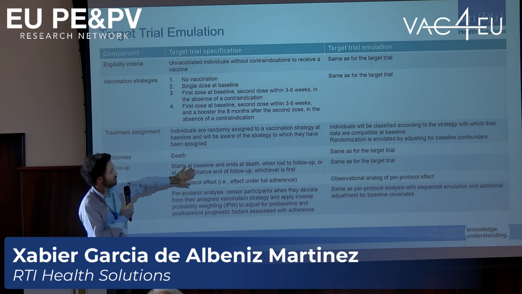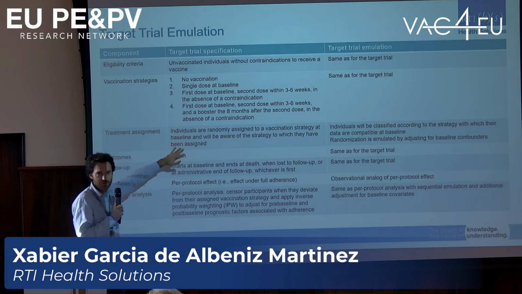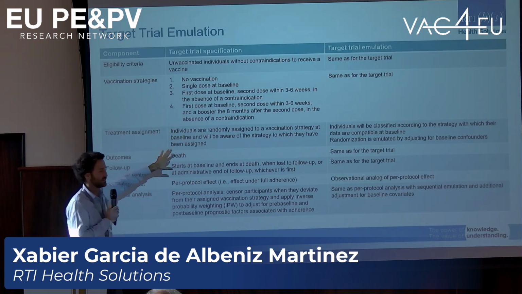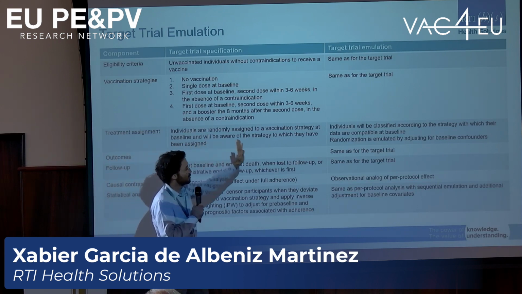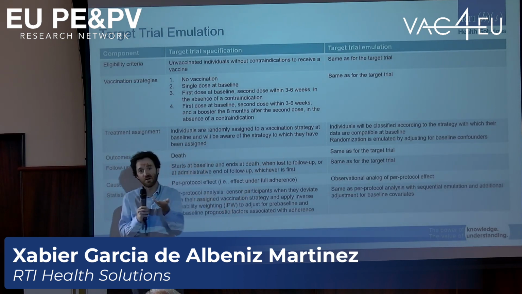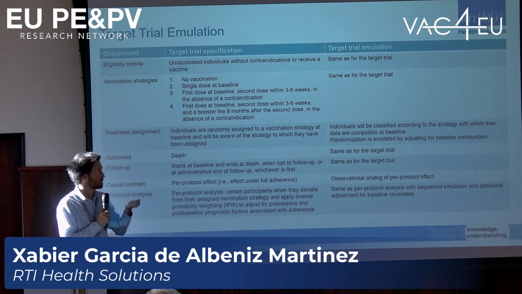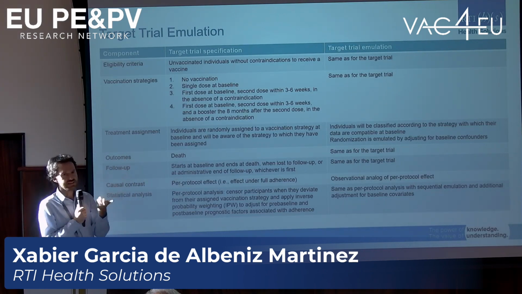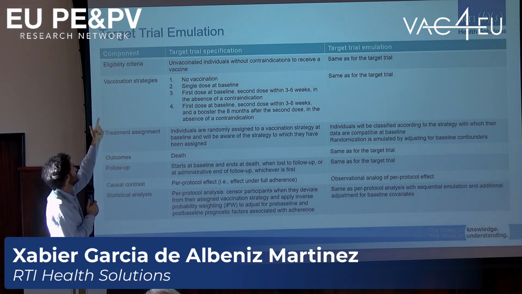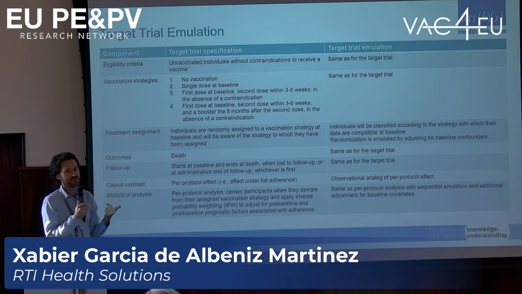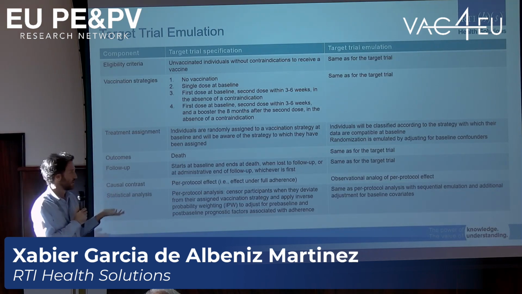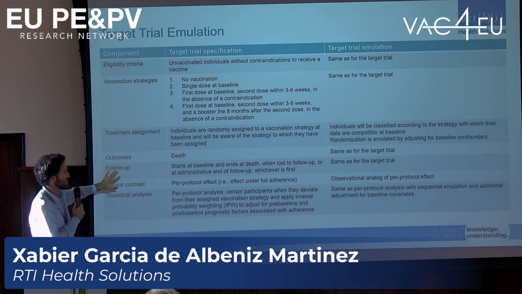In this column, you just dream, you write your hypothetical target trial, and in the column on the right, you write how you're going to emulate each component. Some components are very easy to emulate, for example, eligibility criteria or vaccination strategies, where you just use the same. Other components will be more difficult.